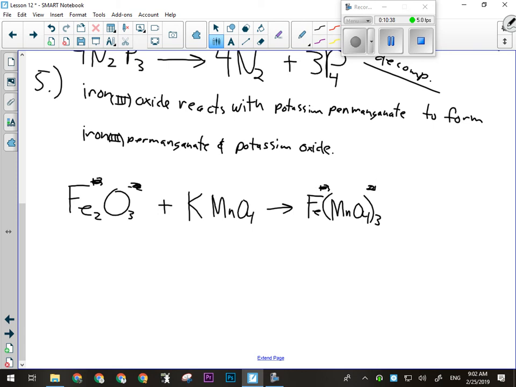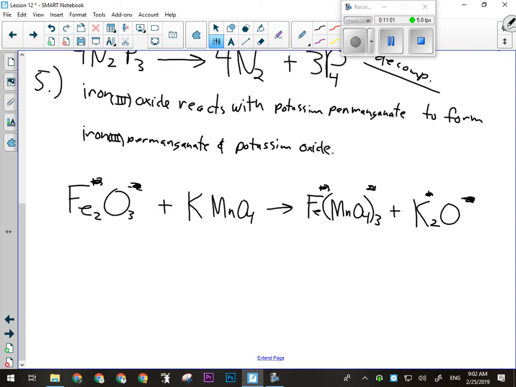Okay, and then I'm going to have potassium oxide. Okay, this is a -2 and this is a +1, so that's going to be K2O. All right, what kind of reaction is that? It's a double replacement reaction. Okay, we have 2 ionic compounds reacting, 2 partners being switched.